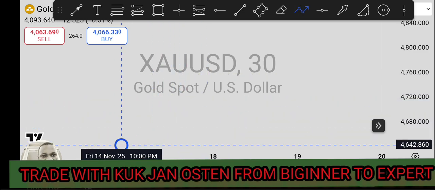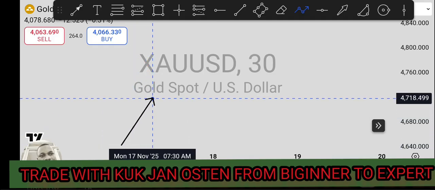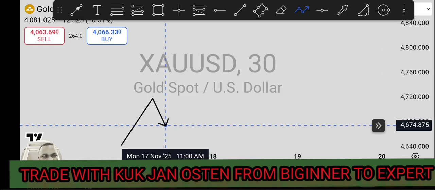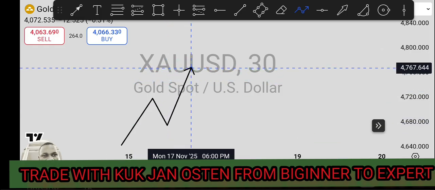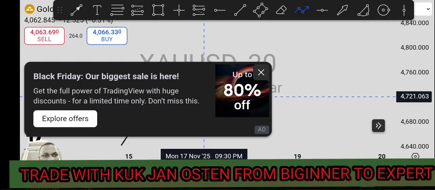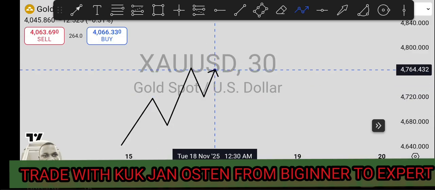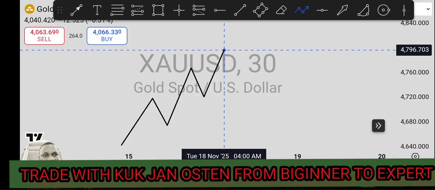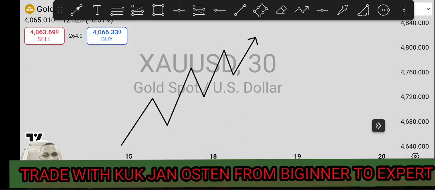Remember, this is the higher high. If it's an uptrend, you should see a higher high, lower high, and again higher high, lower high, and higher high. In an uptrend market, prices move in a zigzag direction, which means this is a trending market.